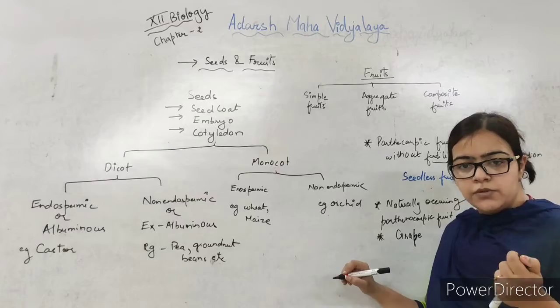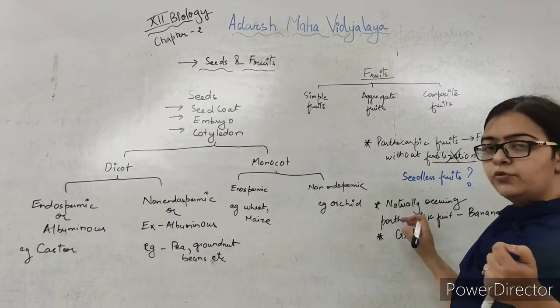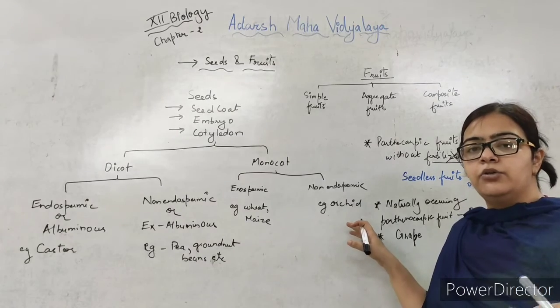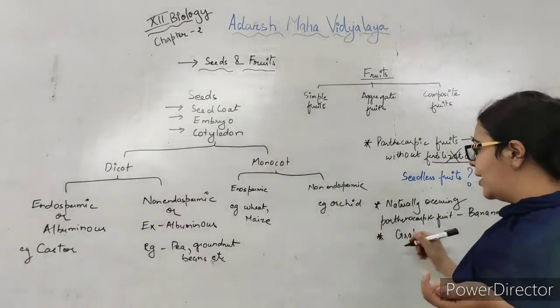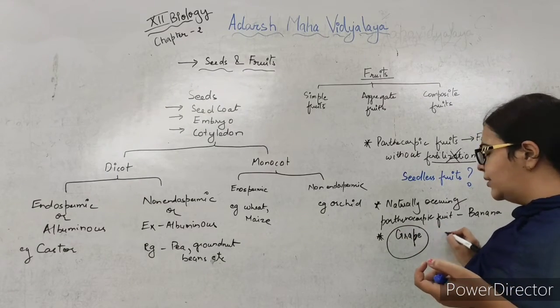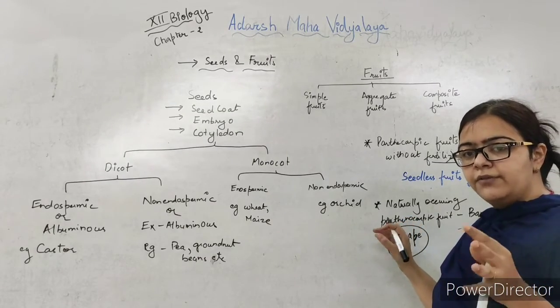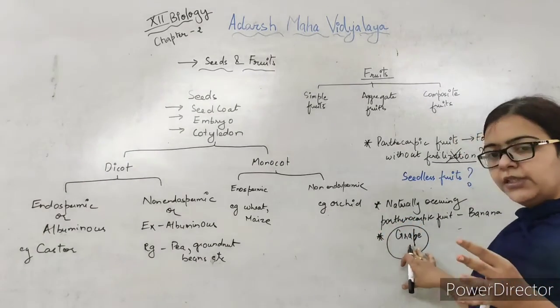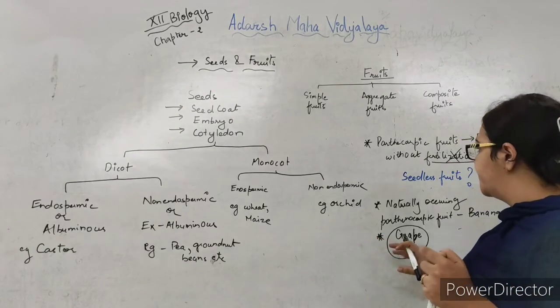So how can we induce the formation of parthenocarpic fruits? That is, you can use growth hormones, specifically auxin and gibberellins. Gibberellins you can use for grapes, that is the entire pome family. When dusted or when given this gibberellin, there will be formation of seedless fruits, and you can use auxin for tomato.